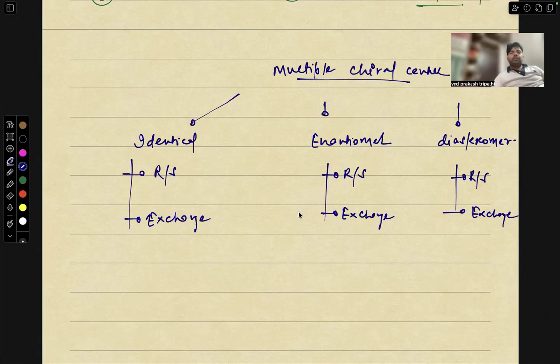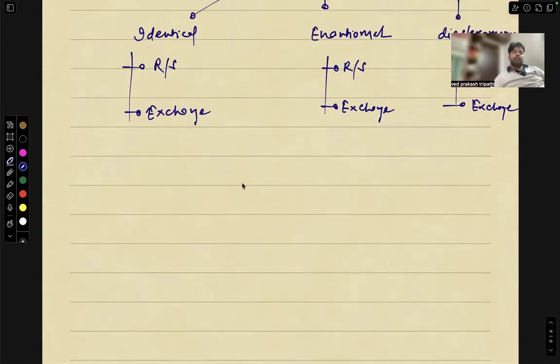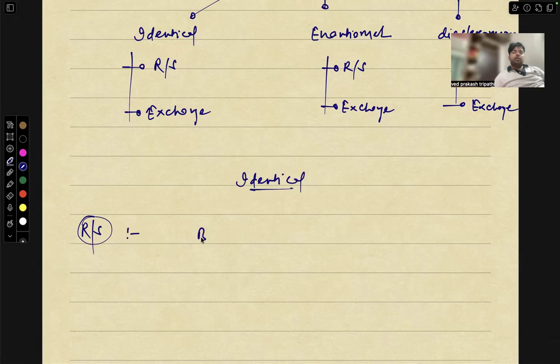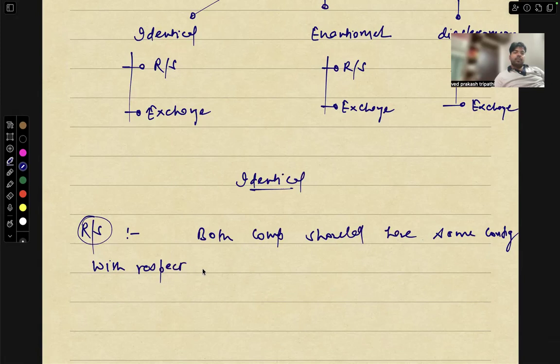Let's talk about the very first one, identical. RS method. So here we can say both compounds should have the same configuration with respect to each chiral center.